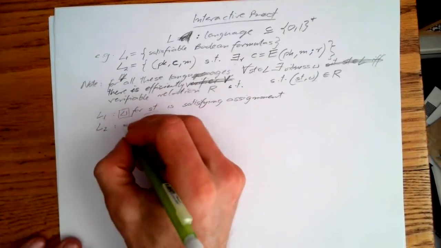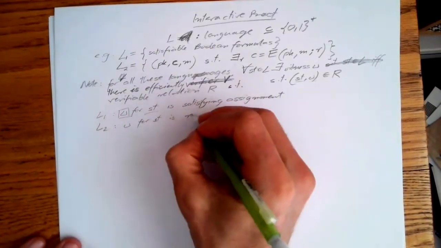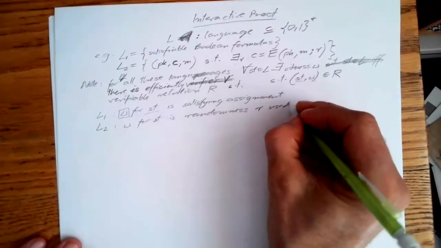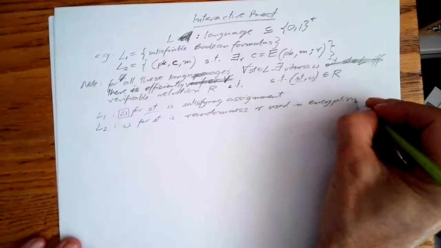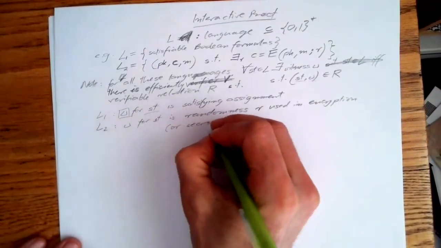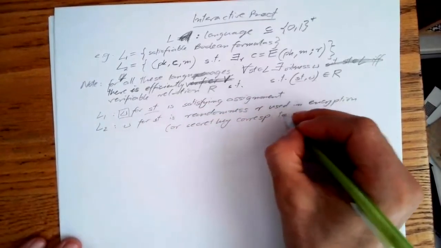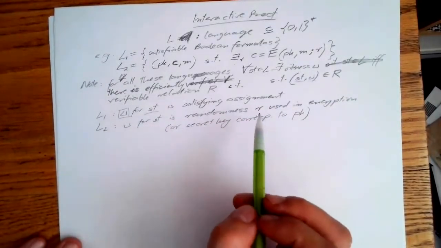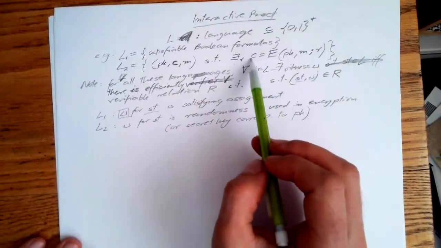Likewise here, the witness W for a statement is the randomness R used in encryption. Or actually, the secret key corresponding to the public key. In fact, I have two different witnesses. My witness could be the randomness that was used to encrypt.